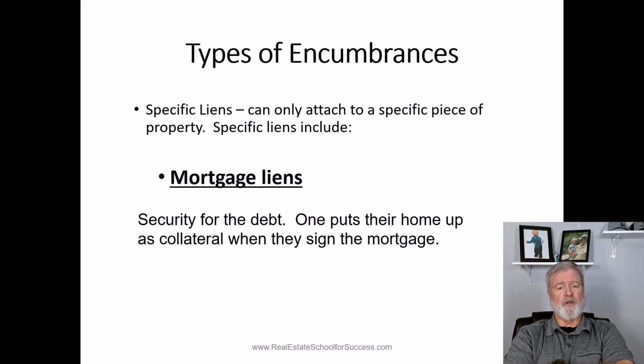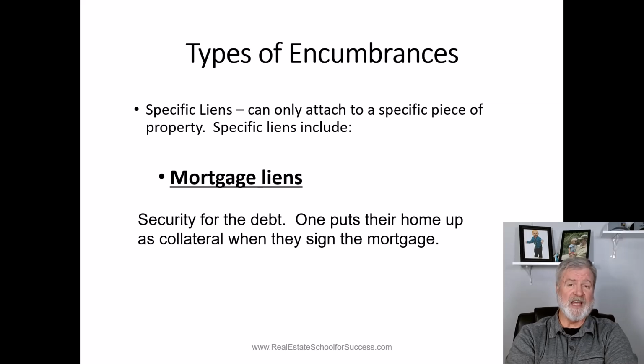Now I will tell you, I'm not sure if I have this in the book or not, but I would think I do, something you need to remember about a mortgage lien. Mortgage liens are voluntary liens. In fact, it is the only voluntary lien. Every other lien we're going to talk about is considered involuntary. And you might think, well, what do you mean it's voluntary?